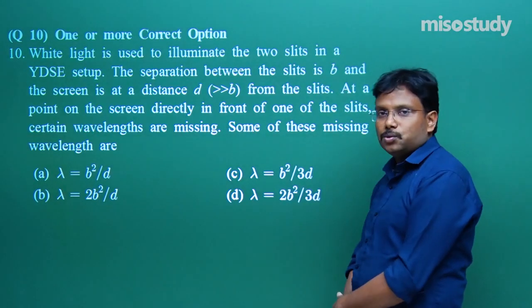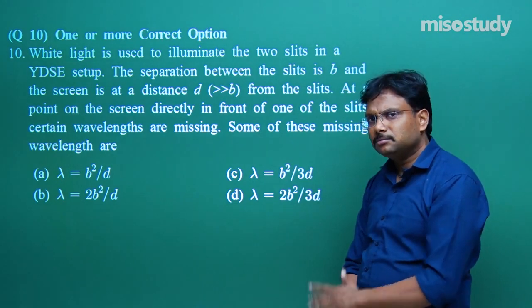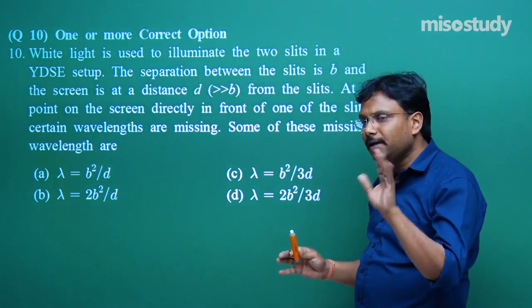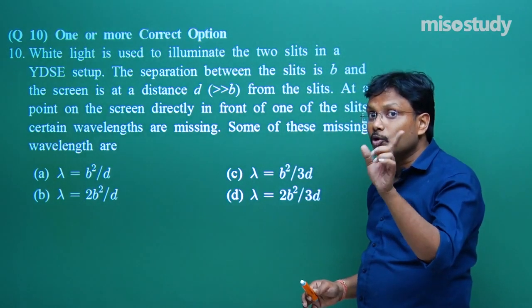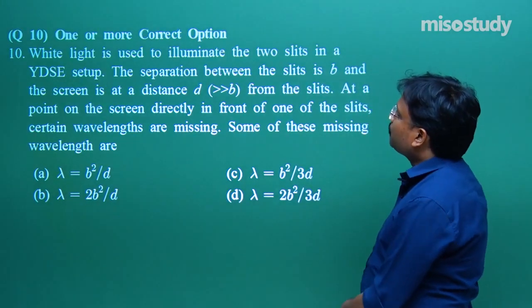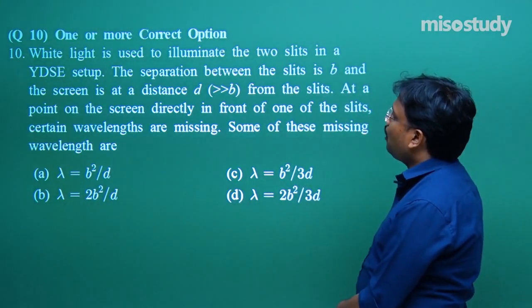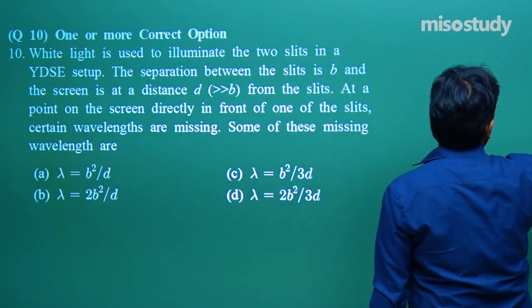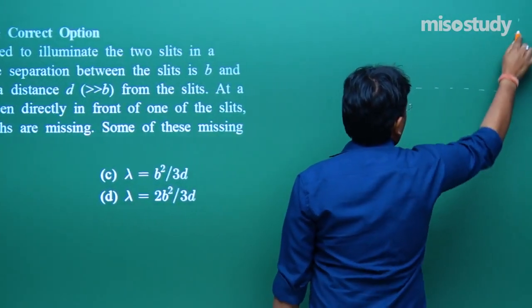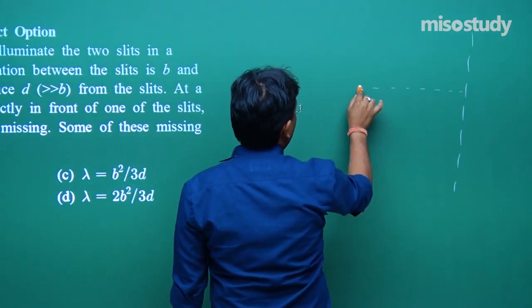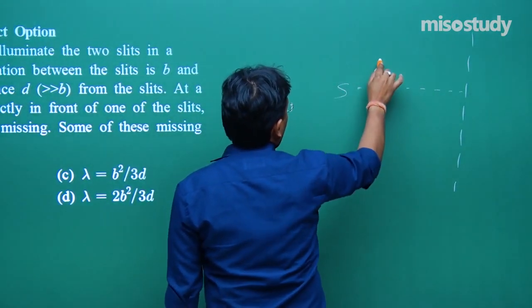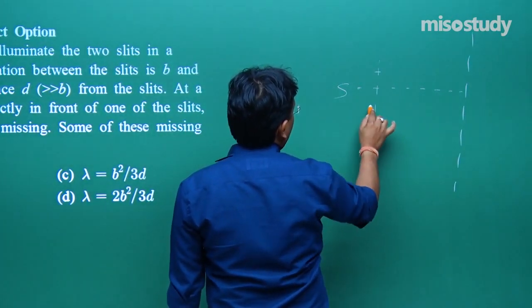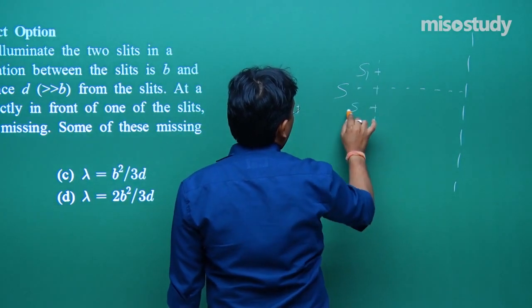White light is used. What is the meaning of white light? Combination of various wavelengths. Fine. So, indirectly I am saying not monochromatic. White light is used to illuminate the two slits in a YDSE setup. Two slits means, just take a look like this. What is the setup? This is, let us say, first, then this is one slit, this is one slit, S1 and S2.